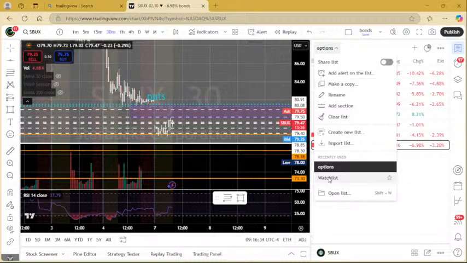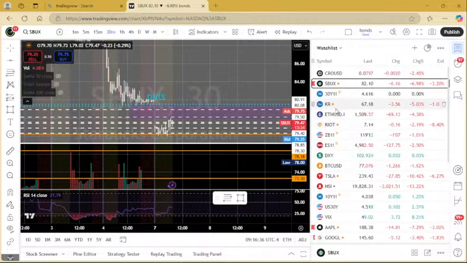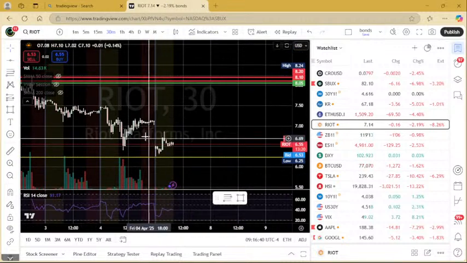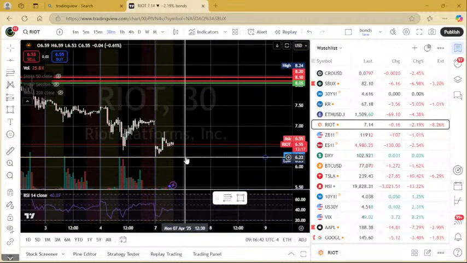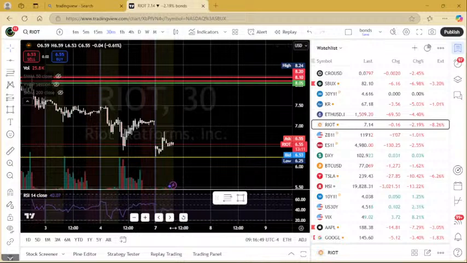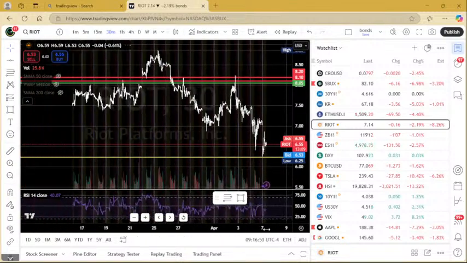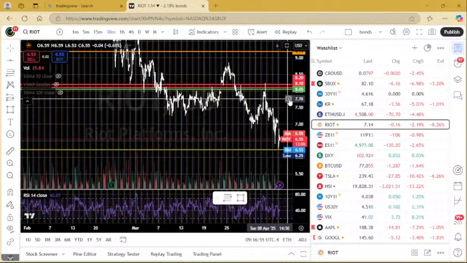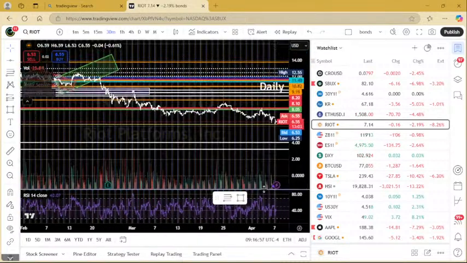Let's go back to our watch list. I'm not touching Kroger. Riot is down, down, down. This is a very cheap $6 it hit last night. It's at $6.